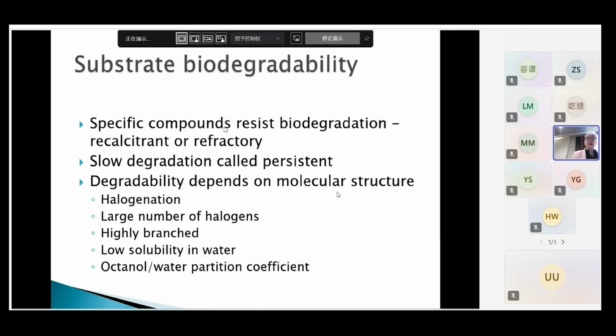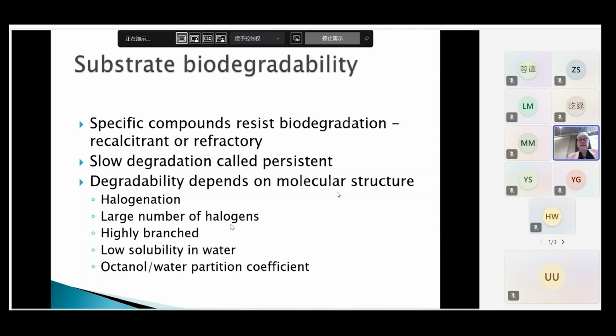So you can kind of get an idea whether something is biodegradable or not by the structure of the compound. If there are a lot of chlorine groups, or the molecule is very large, or if there's very low solubility, or if it's very hydrophobic, these are indicators it's probably not very biodegradable.